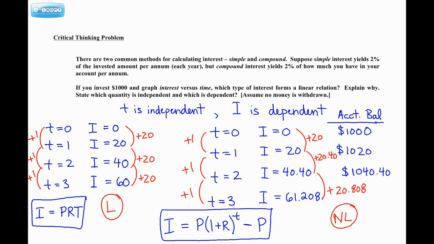So 1.02 to the power of 3 equals 1.06 and so on. Now I'm going to multiply that by P. Our principal was 1,000, so times 1,000. That number, $1,061, is how much money I have in my account. But if I just want how much interest I've earned, I just take away what I originally invested, which is $1,000. And lo and behold, you get 61.208, which is exactly what we had here.